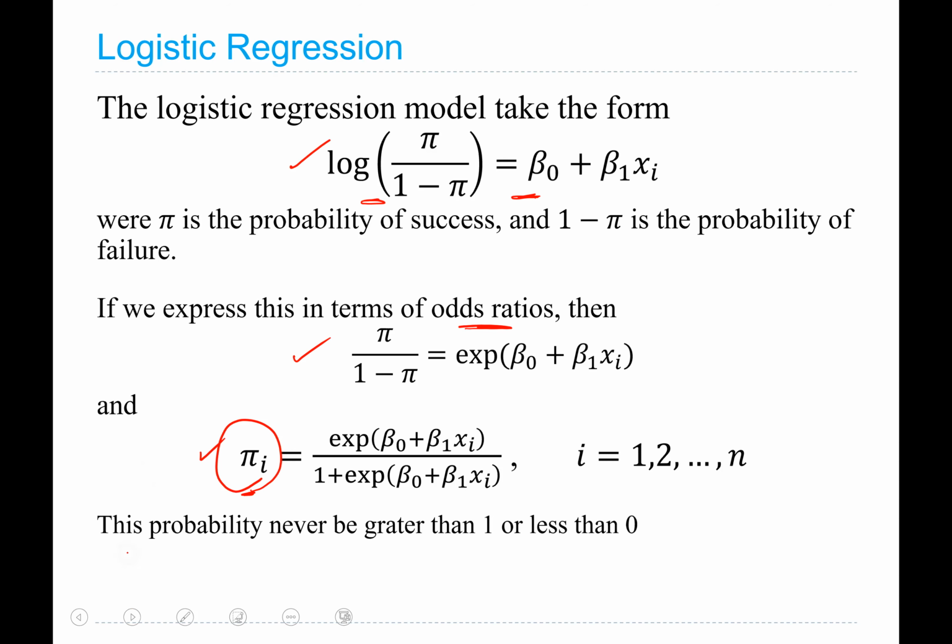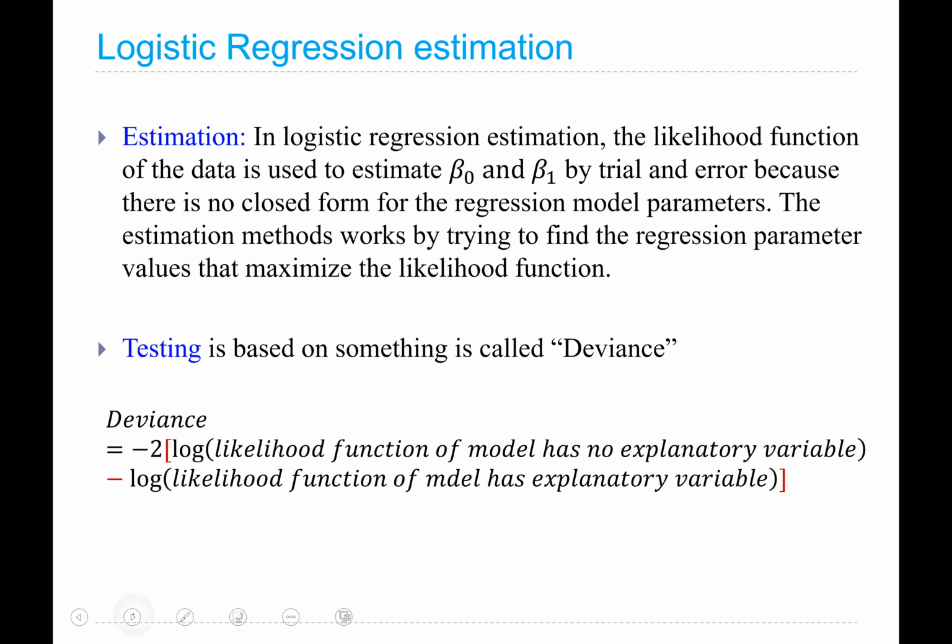So how do I fit the logistic regression? The estimation. There is no closed form for beta 0, beta 1 actually. In the simple linear regression, we use the least squares method and find a closed form for beta 0 and a closed form for beta 1.